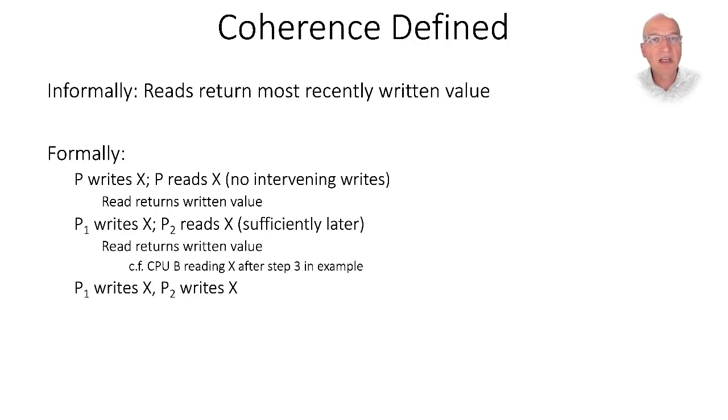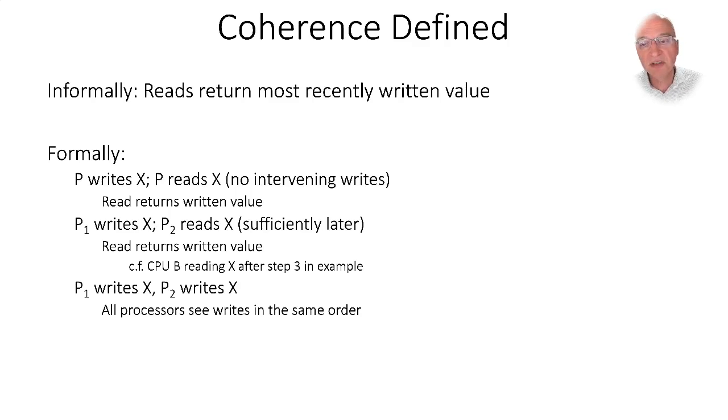The other situation is that P1 writes the value of X and P2 writes the value of X. Those are two writes by two different processors. The idea of coherence here is that all processors in the system should see those two writes in the same order. So it cannot be that P1 propagates its write to processor P3, and then P2 propagates its write to processor P3, but processor P4 sees the write of P2 before the write of P1.